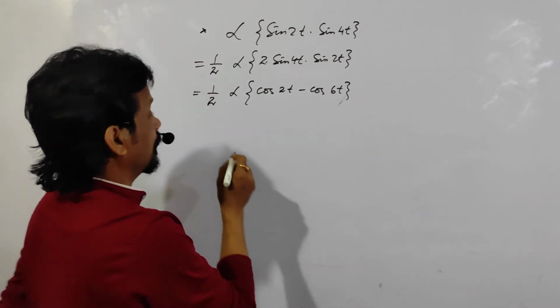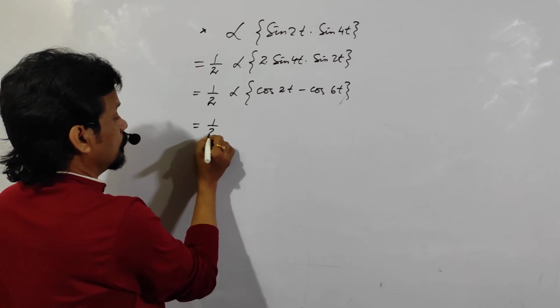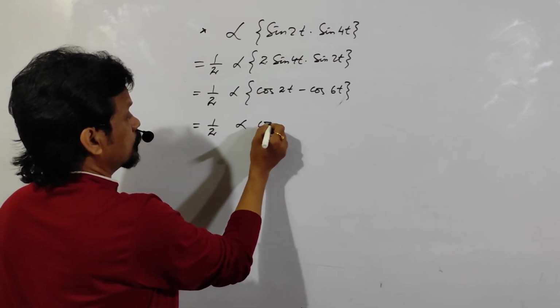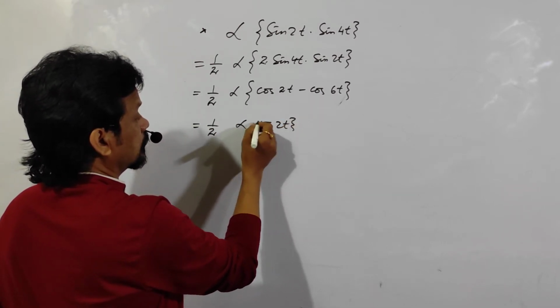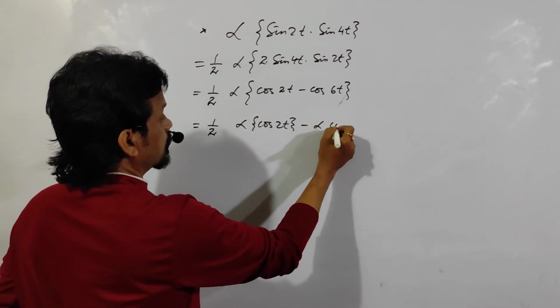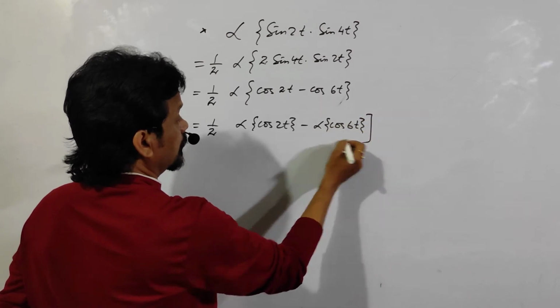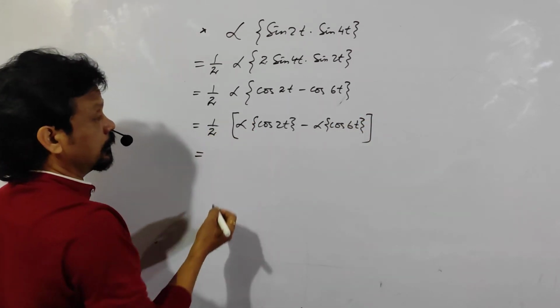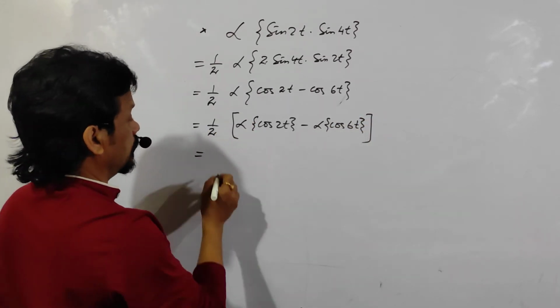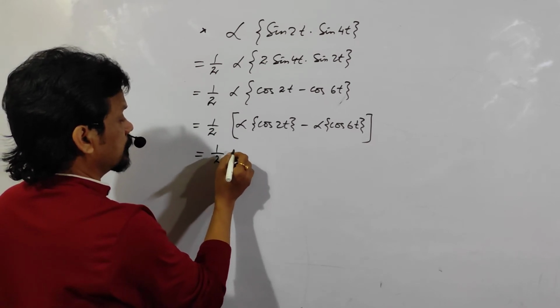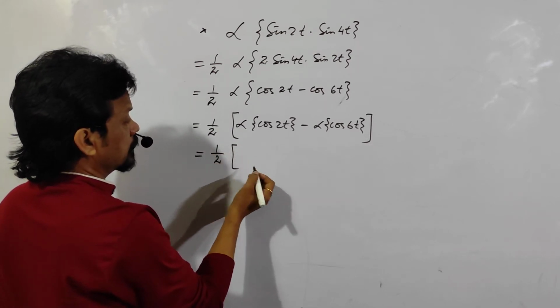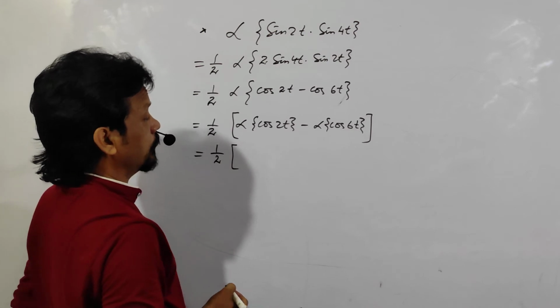Okay. It is equal to 1 by 2 Laplace of cos 2t minus Laplace of cos 6t. You should put the brackets systematically. The brackets should not be missed. You should put the brackets in the proper place.